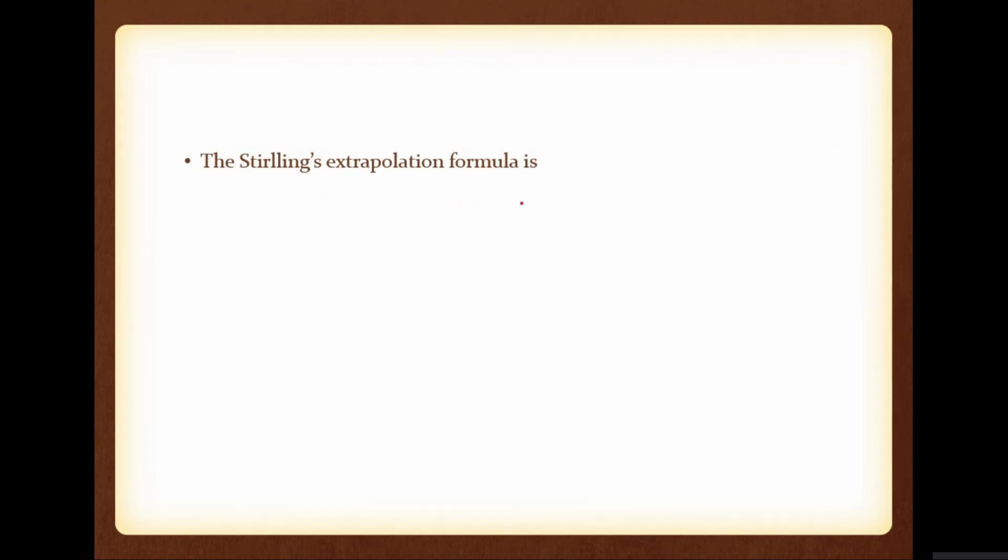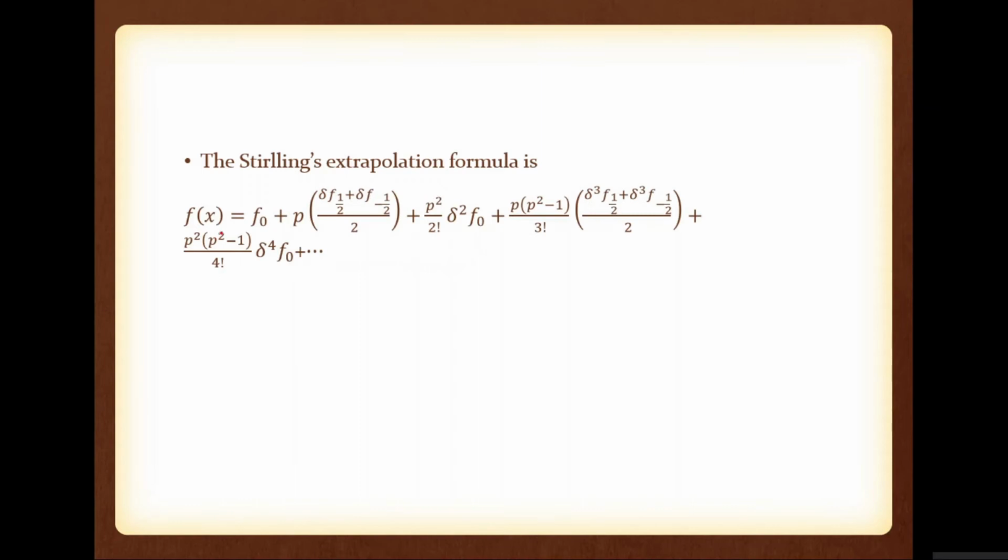Stirling's extrapolation formula is f(x) = f0 + p[(θf1/2 + θf−1/2)/2] + (p²/2!)θ²f0 + p(p²−1)/3! [(θ³f1/2 + θ³f−1/2)/2] + p²(p²−1)/4! θ⁴f0 + etc. Because we have central differences up to theta raised to 4 f0, this is sufficient. So this is our Stirling's formula.